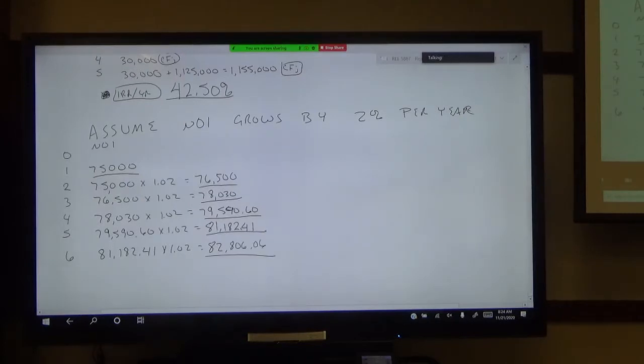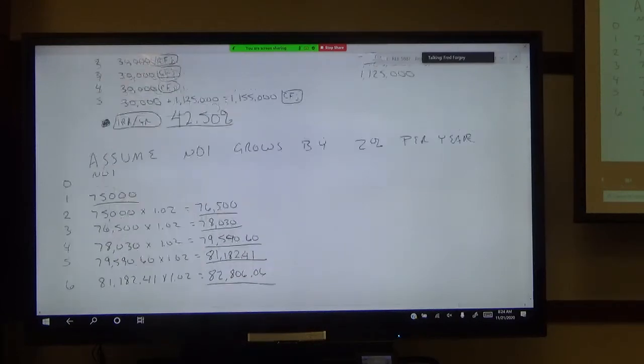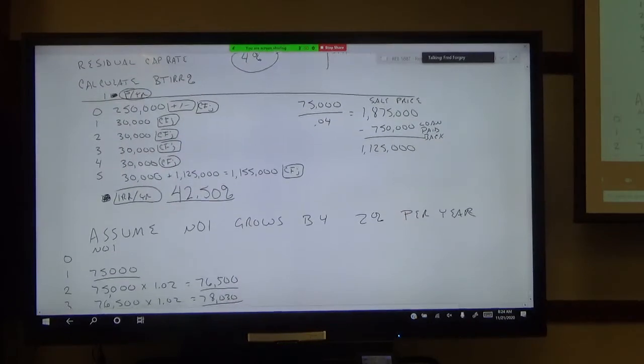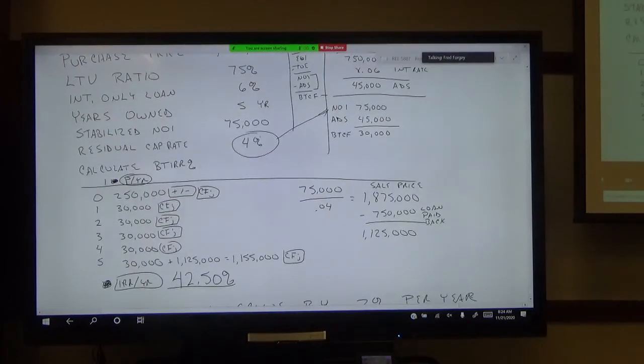So those are the adjusted net operating incomes for each of the years. Now we've still got to subtract out our debt service for each of those. Our debt service is staying constant at the 45,000.